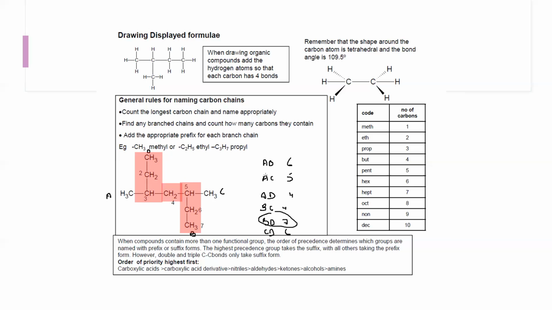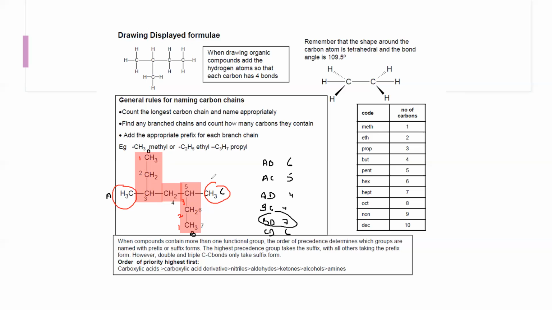After selecting the longest chain, we have to number the carbon atoms. When we number the carbon atoms, the numbering should start from the nearest branch. If I number from B, 1, 2, 3, the first branch is coming at 3. If I number from D, 1, 2, and 3, the first branch is coming at 3.